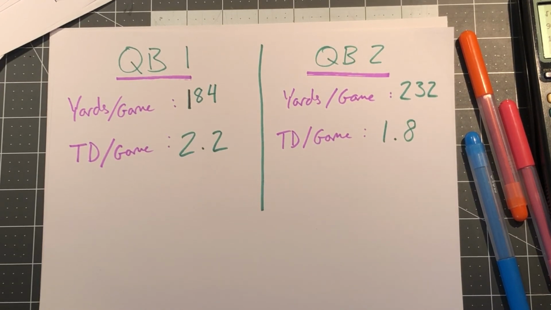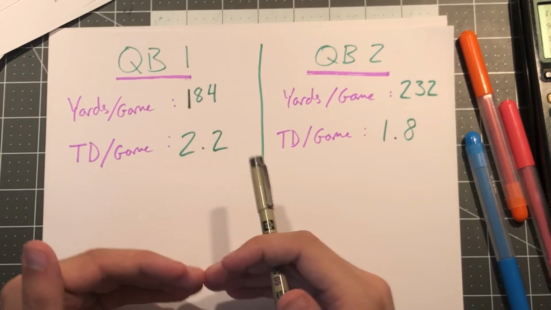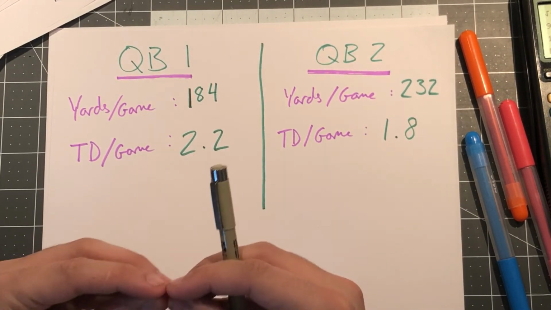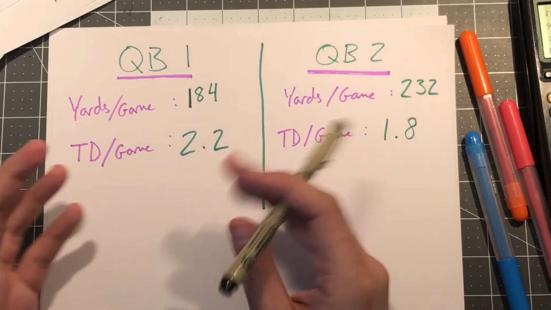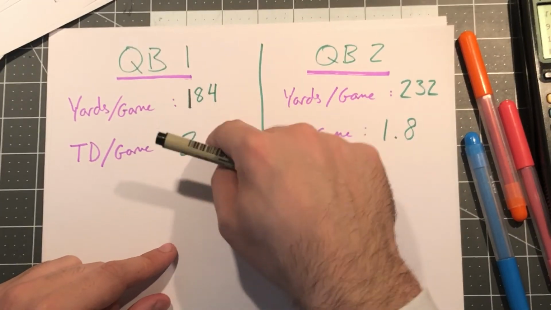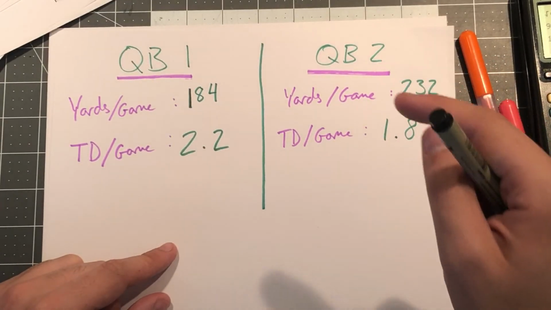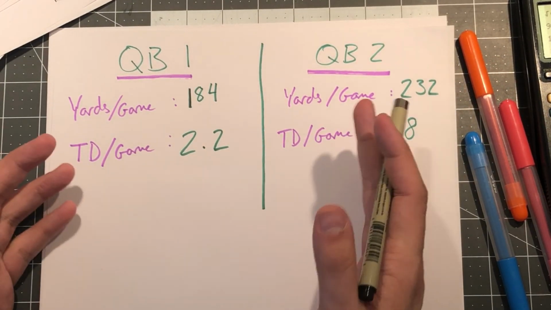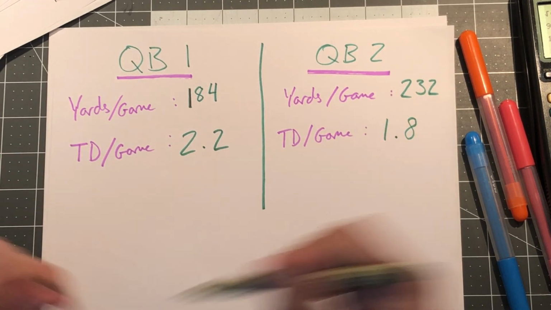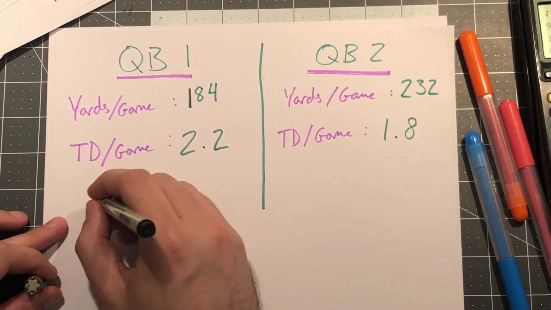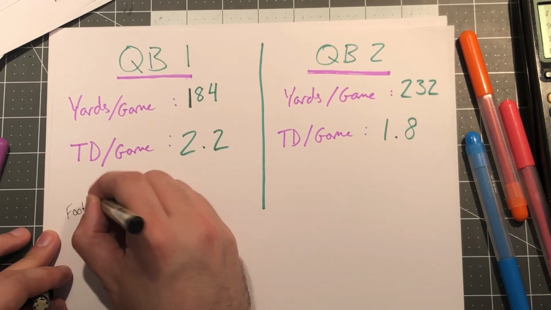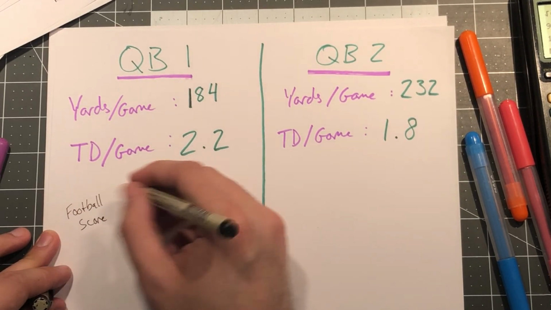So what I'm going to do is, if I want to compare 2 things that aren't the same units, basically, I have to use the geometric mean. If I took the average of these 2 numbers, it wouldn't really make sense, because this is so small and this is so big. I'd just get a number that doesn't really work. So if I want to find out maybe a football score, we'll just name it that.